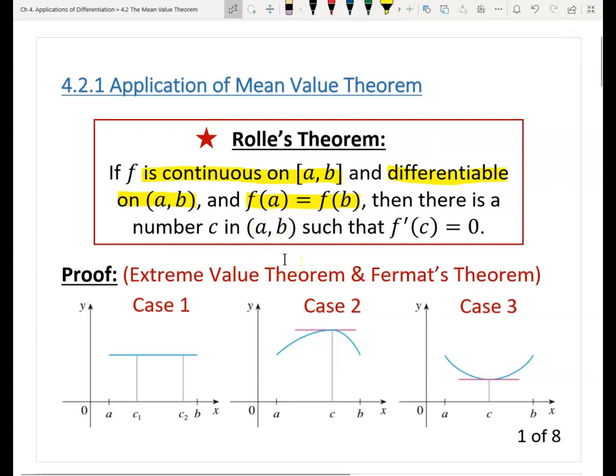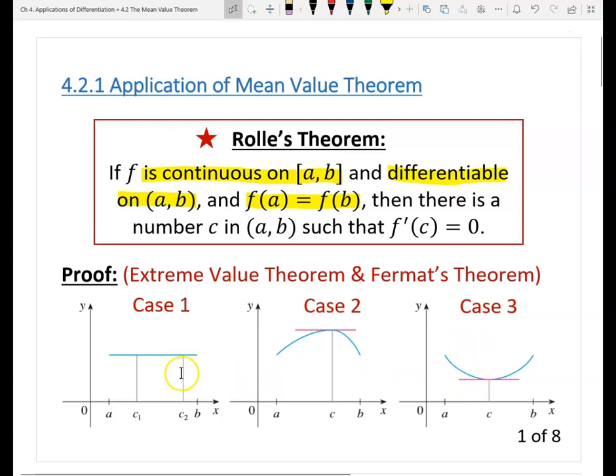Now let's prove Rolle's theorem, which is not difficult. Can you see we have only 3 cases? The first case is the function is constant. The second case, the function goes up from the value at the endpoint. The third case is the function goes down.